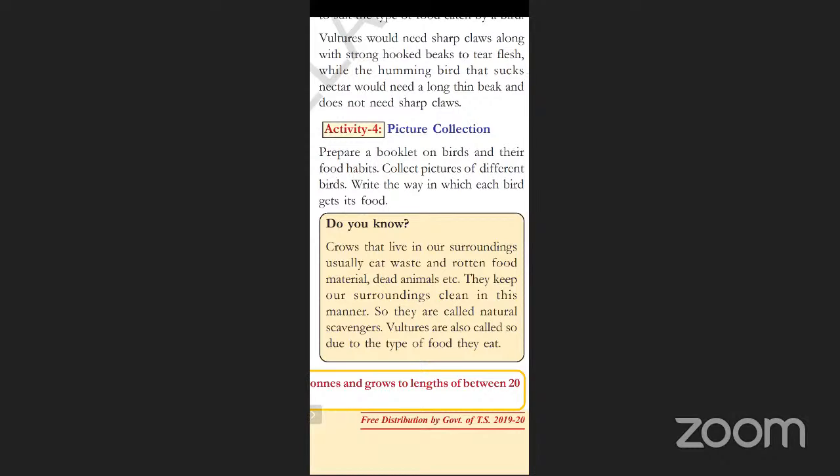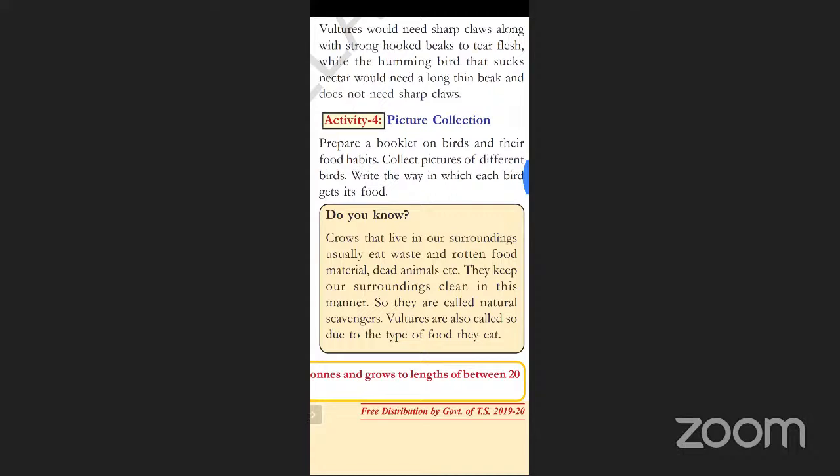Hope everybody understood this. Now, I already explained how a frog gets its food, Nana. A frog shoots out a sticky tongue. In the previous picture I showed you, the frog has a sticky tongue with which it can catch and collect food. Once again I will show you.